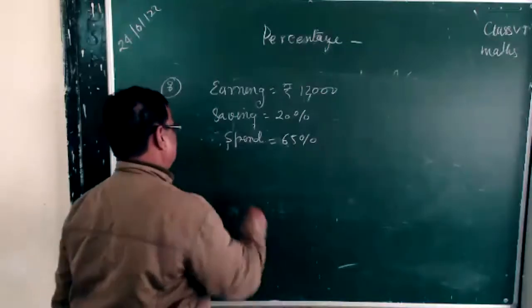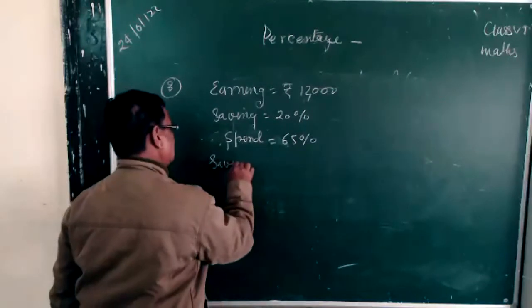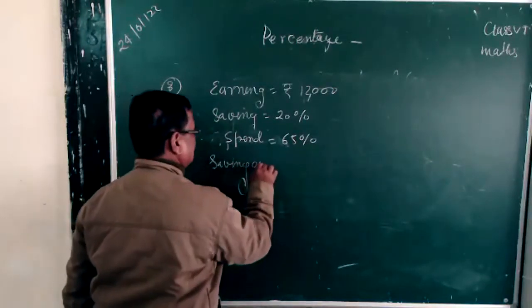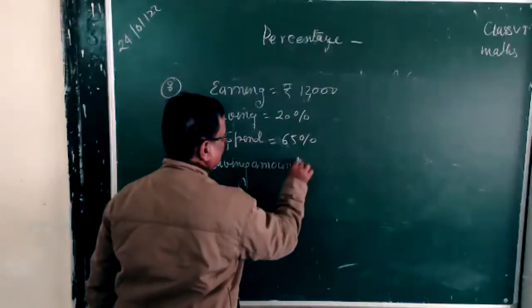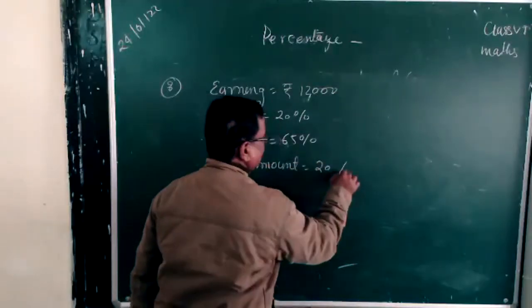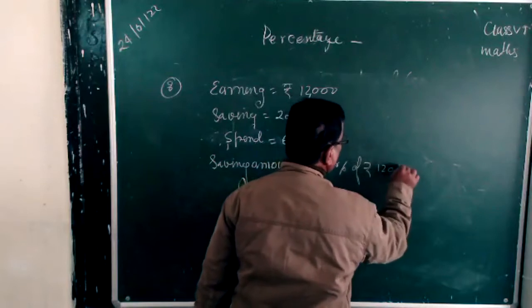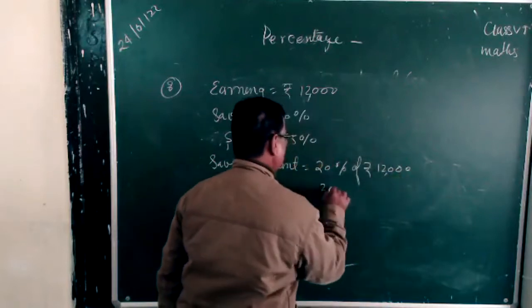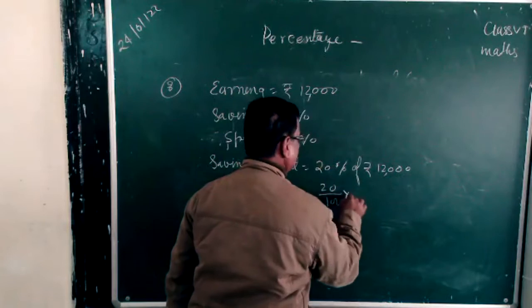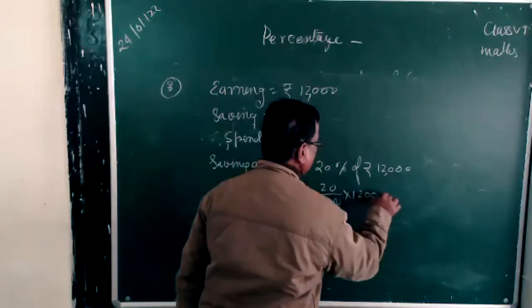Asking saving amount is equal to 20% of rupees 12,000. That is 20 by 100 into 12,000.